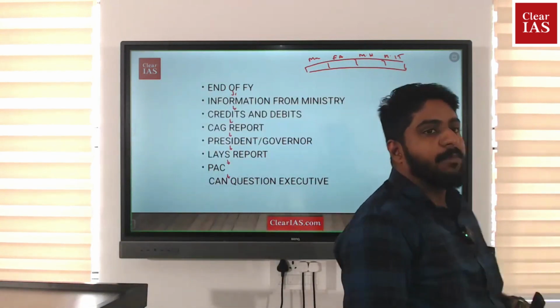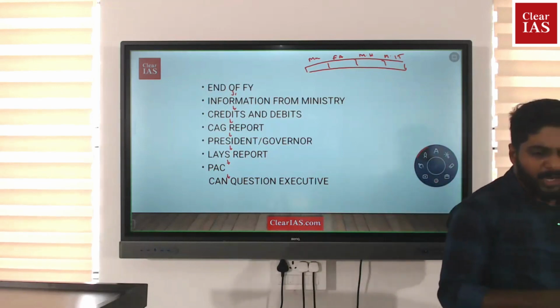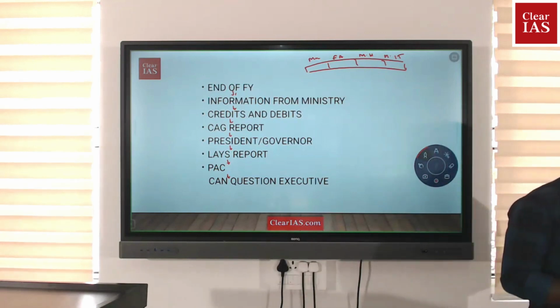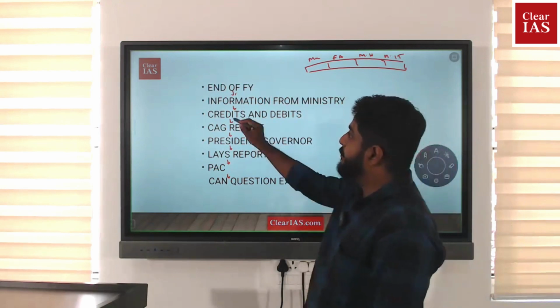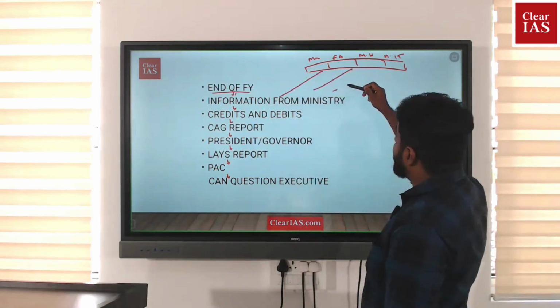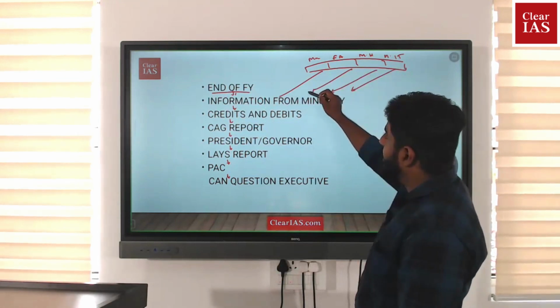The Comptroller and Auditor General may understand that this particular business is going to be a failure, but can he interfere? No, he will sit and watch. Once the financial year has ended, he will write to all the ministries: please send your account details.